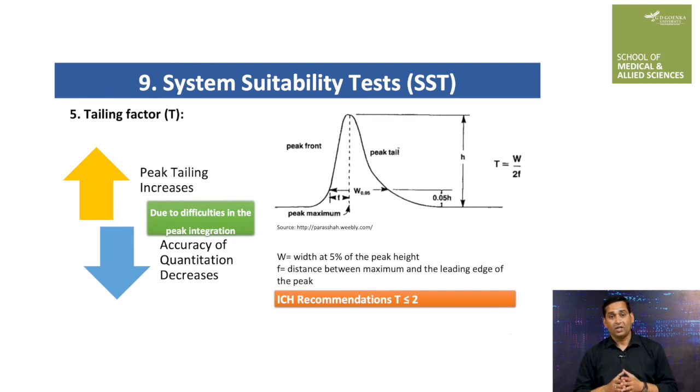Tailing factor can be calculated by dividing the width of the peak at 5% of the peak height by twice the distance between maximum and the leading edge of the peak. As per ICH recommendations, tailing factor must be equal to or less than 2.